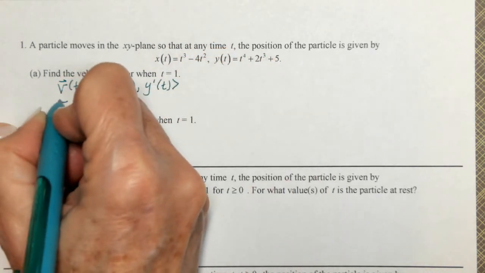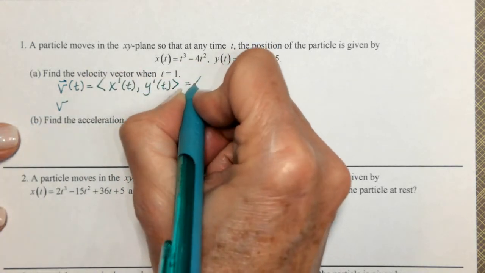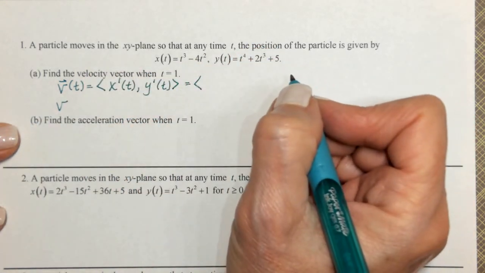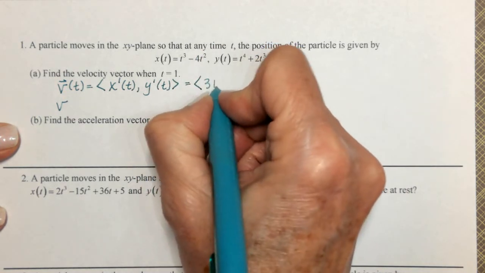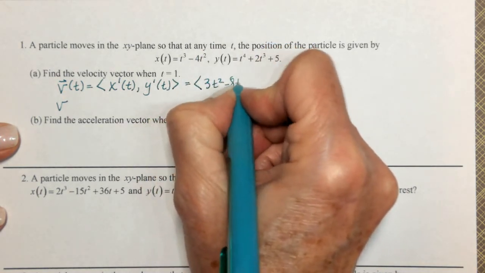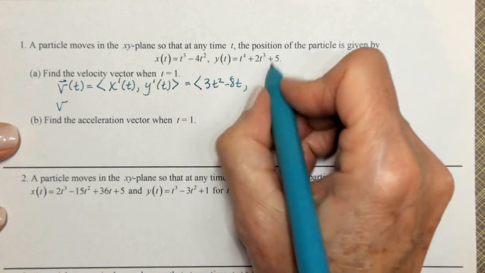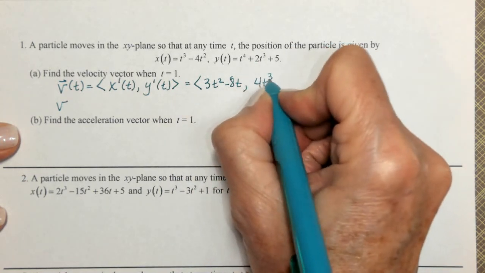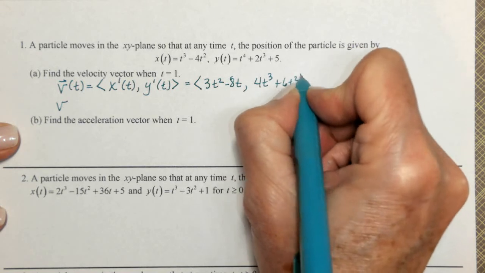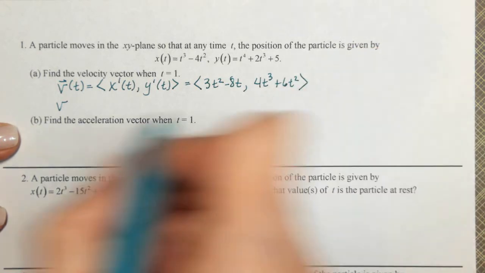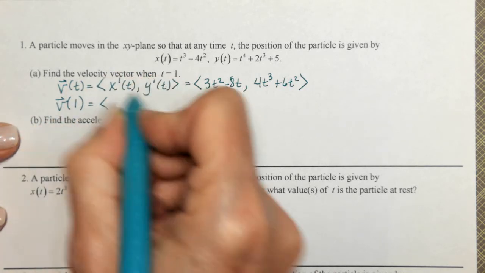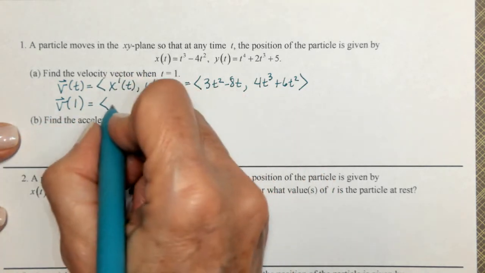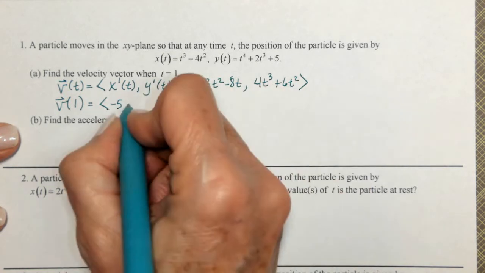That would be x prime of t is 3t squared minus 8t, y prime of t, 4t cubed plus 6t squared. And then the velocity vector at time 1 would be -5, 10.